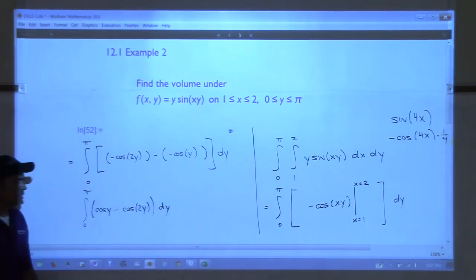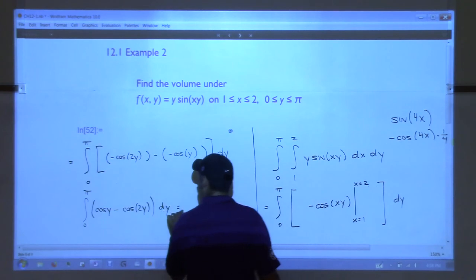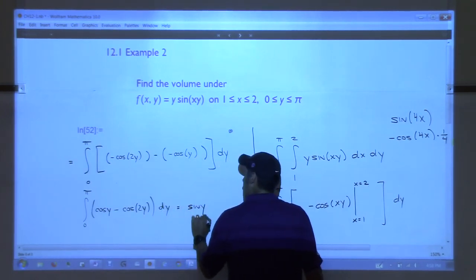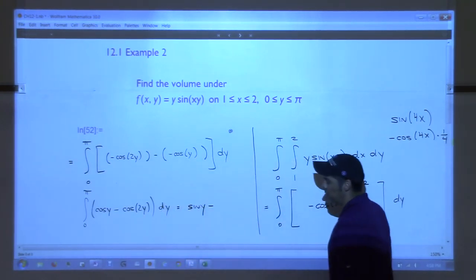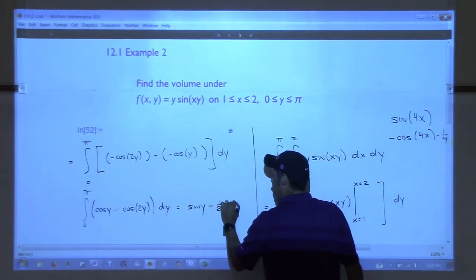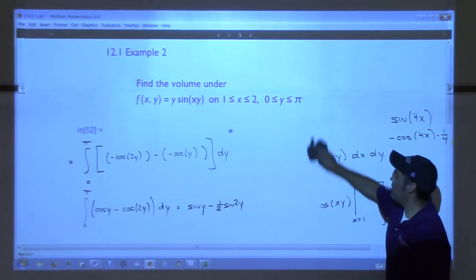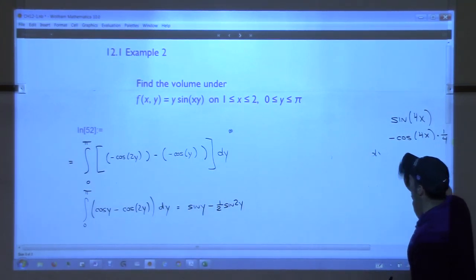And now we get to do antiderivatives again. The antiderivative of cosine of y is sine of y. And the antiderivative of cosine of 2y should be half of sine of 2y. Are you all still with me? Okay.